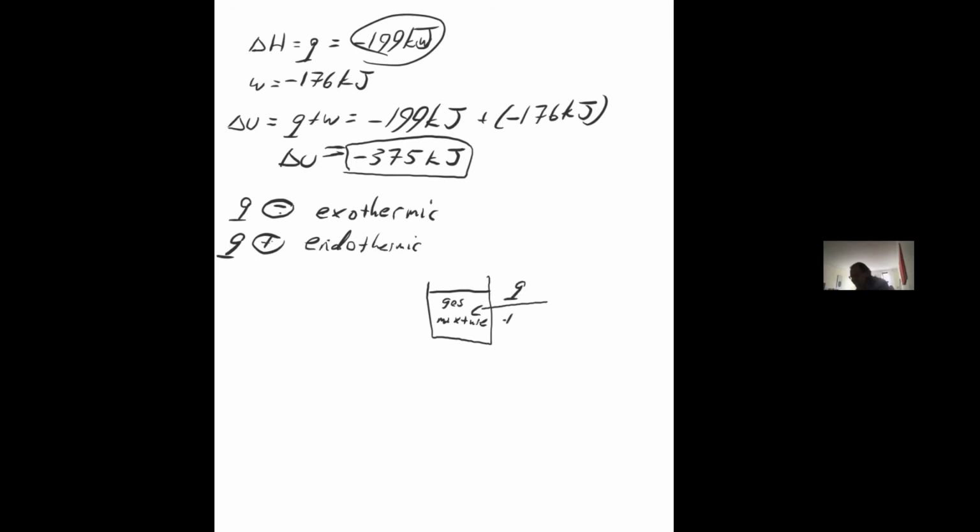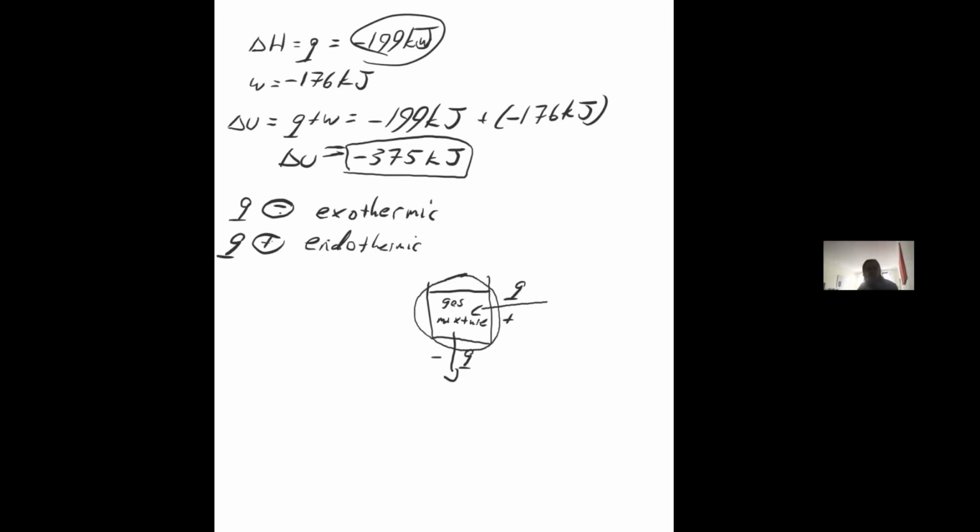If heat is coming out, that's negative. Again, think of it like money, like currency exchange: if money's coming in, that's positive, and if money is going out, that's negative. So that's why chemists look at it from the perspective of the gas mixture.